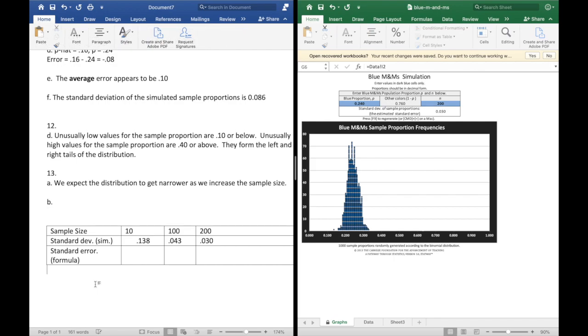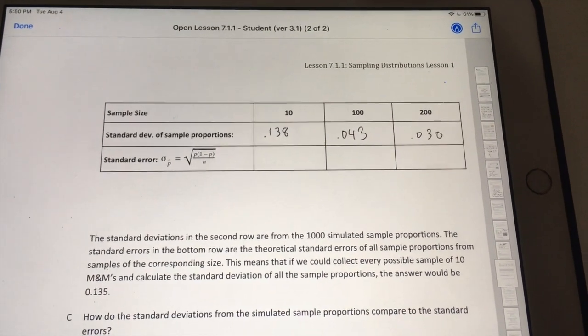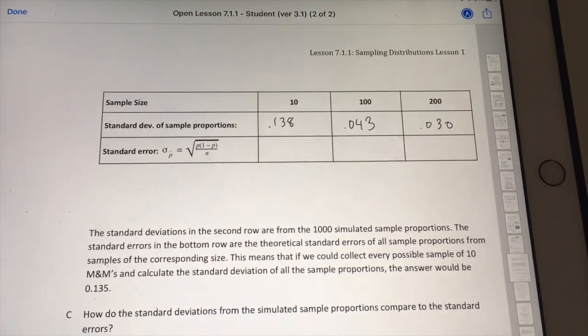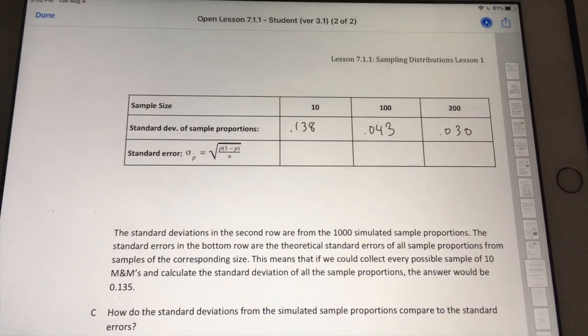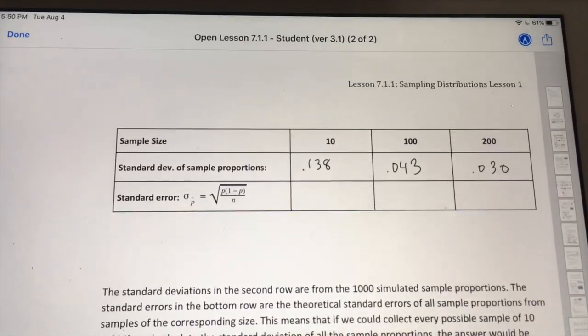So what I'm going to do is I'm going to switch back to my calculator so that you guys can see how I calculate these last three values. Okay guys, so this is where we left off, and we need to now figure out the standard error here for each of these. All right, so we're going to start with the first one, sample size of 10.